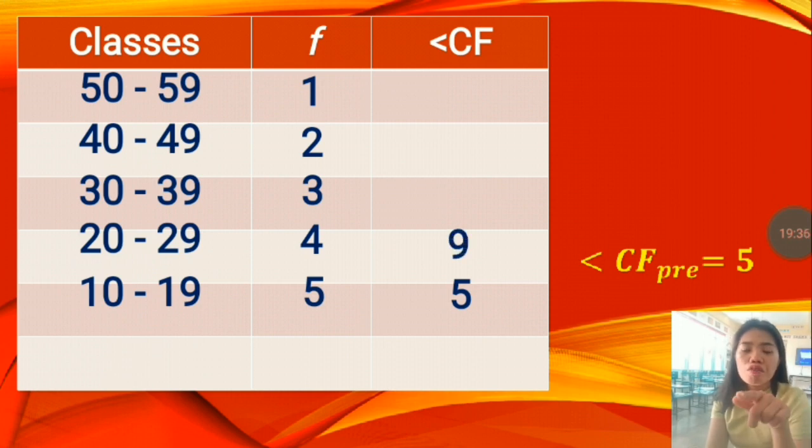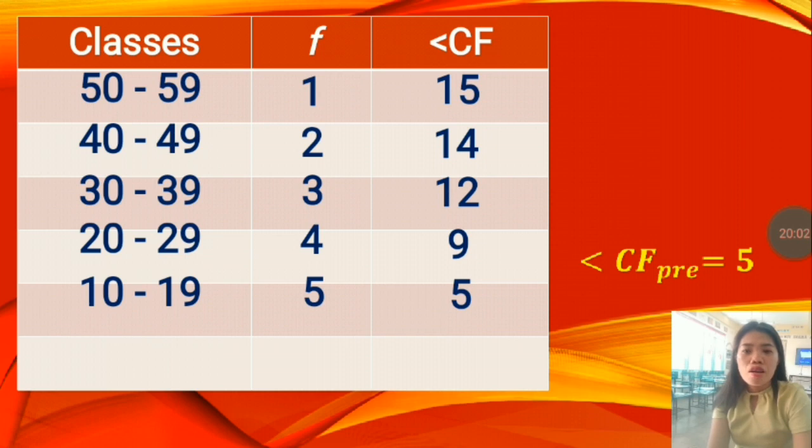And then 5 plus 4. 4 is the frequency next above 5. So you have 5 plus 4, that gives you 9. Then 9 plus 3, that gives you 12. Then 12 plus 2, that gives you 14. Then 14 plus 1, that gives you 15.